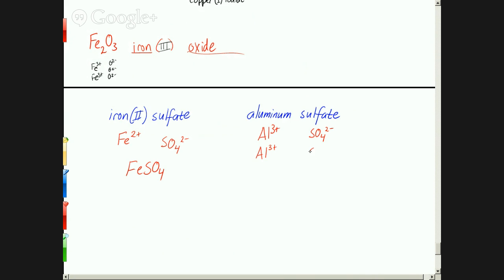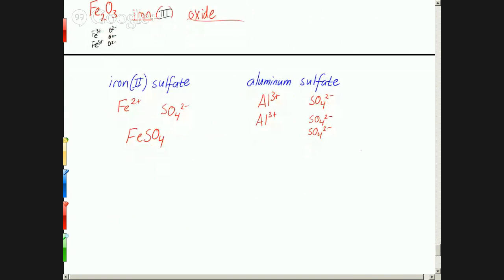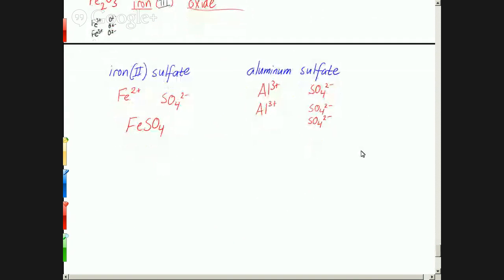We need 2 aluminums and 3 sulfates. How do we write that all together then? Yeah, Al2(SO4)3. Good.